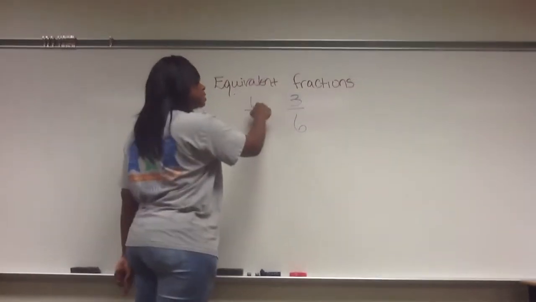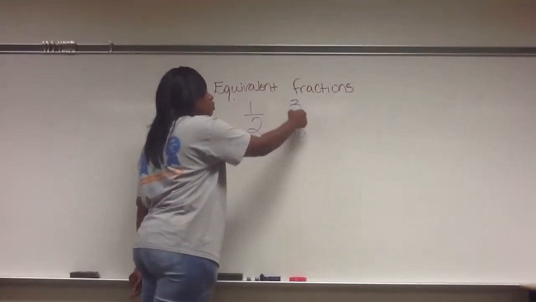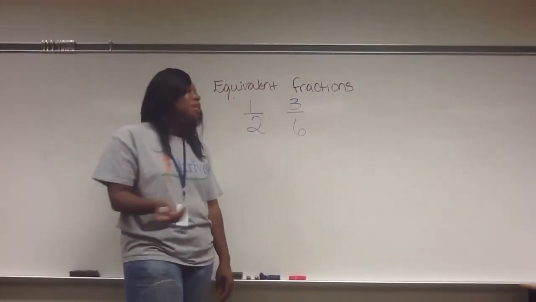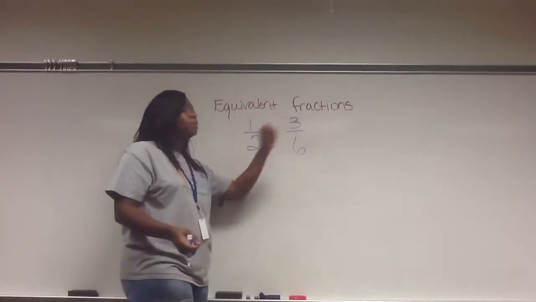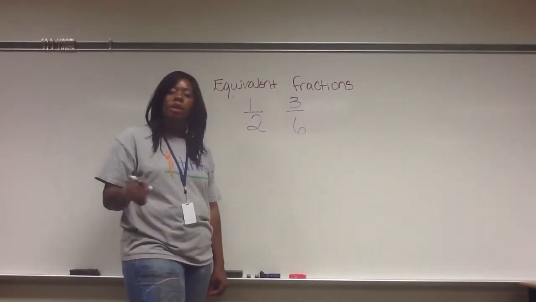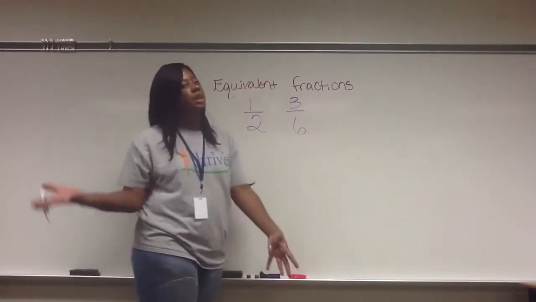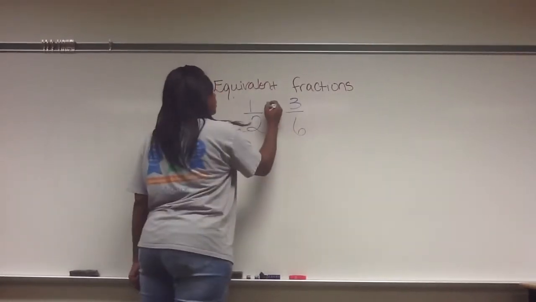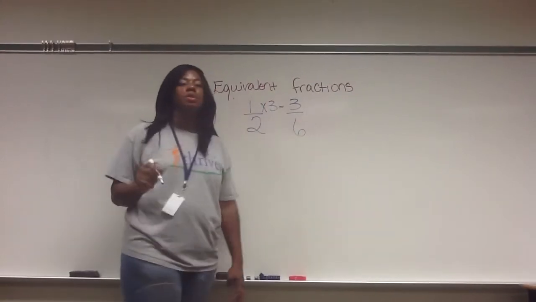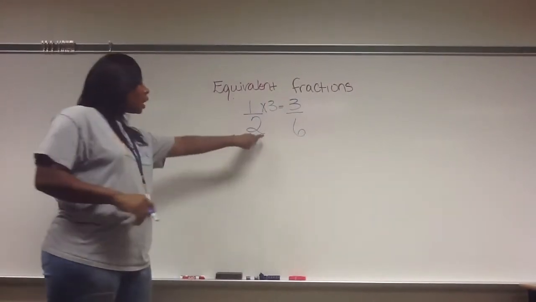We already talked about how there are relationships between the two fractions. So, just looking at those numerators, what can you do to the number 1 to make it equal the number 3? What can you multiply 1 by? And it'll equal 3. If you said times 3, that's correct. 1 times 3 does equal 3. What about the denominators?